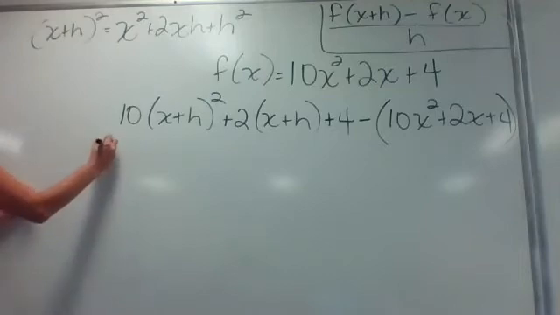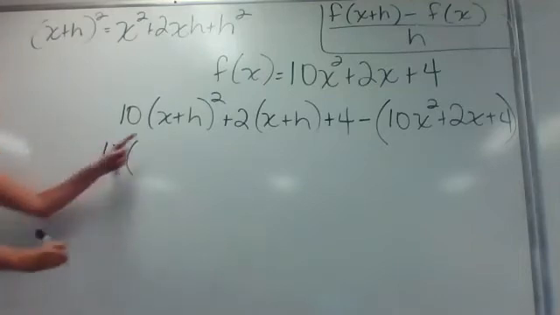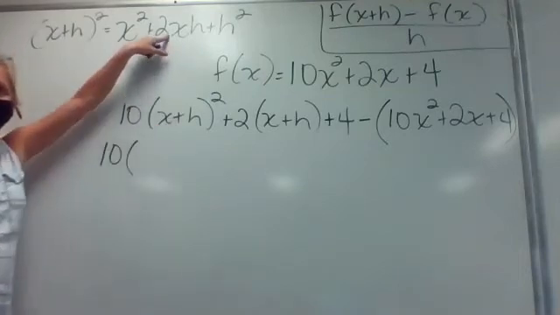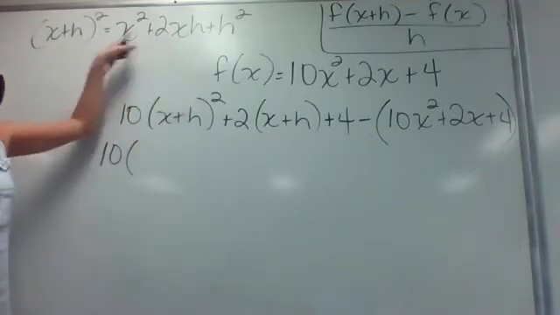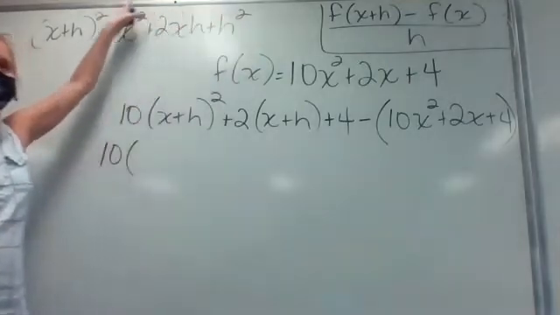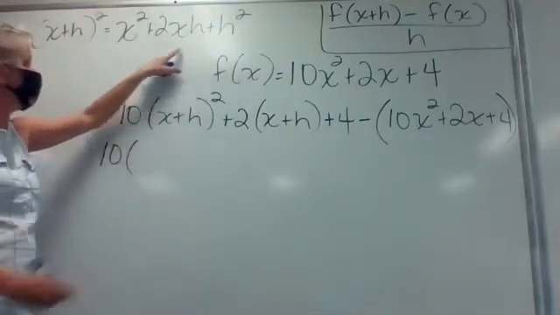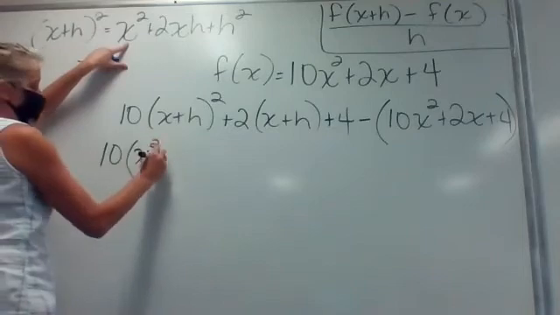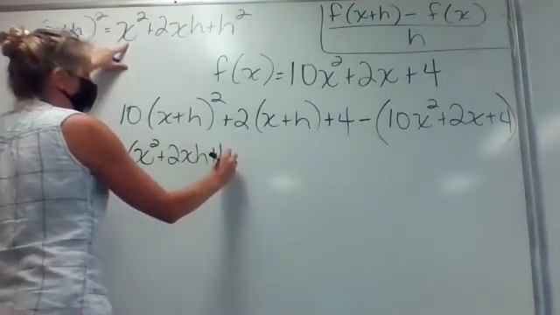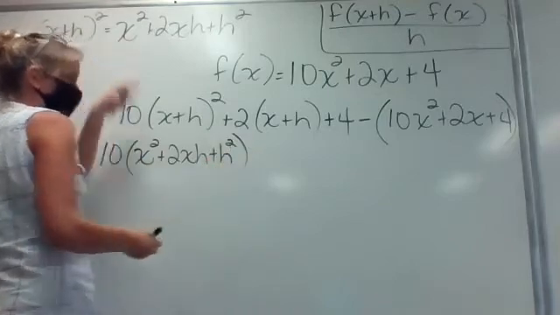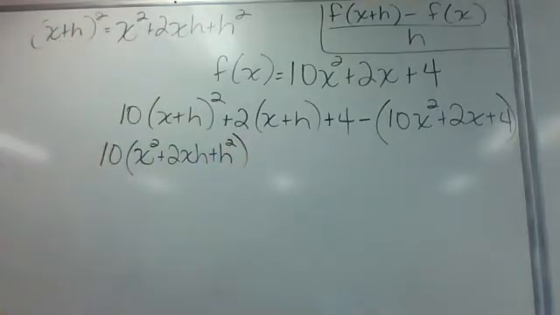So here, I'm bringing down this 10. Now remember, this is why we kept it. Anytime I see x plus h, but it's squared, I'm going to plug this in. So x squared plus 2xh plus h squared. Then how do I get rid of these parentheses?